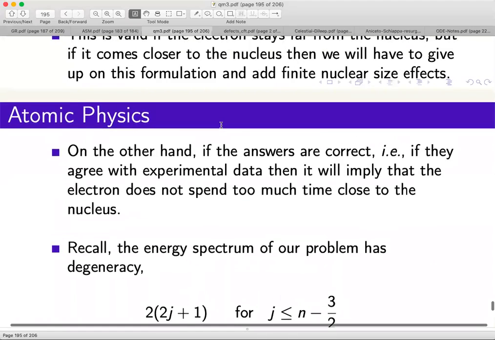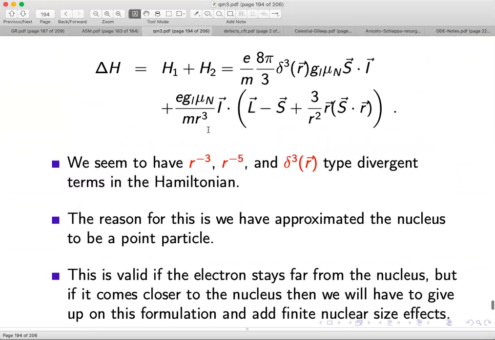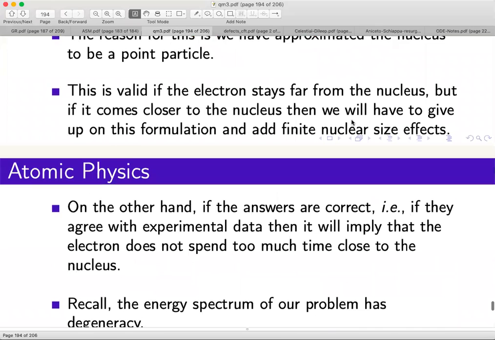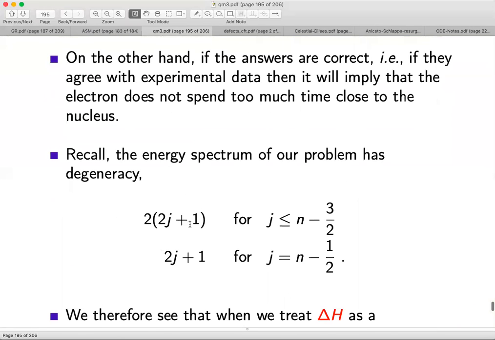Okay, so now that we have obtained the perturbation Hamiltonian, which is this term plus this term, we could ask what is the correction generated by this Hamiltonian to electronic states? Before we study that, we have to notice that electronic states are actually degenerate.